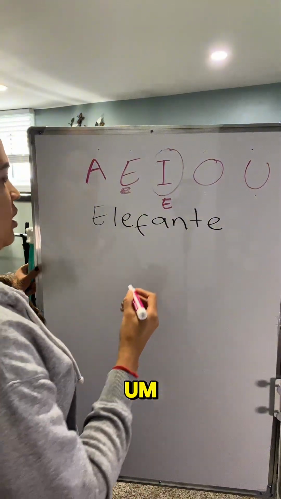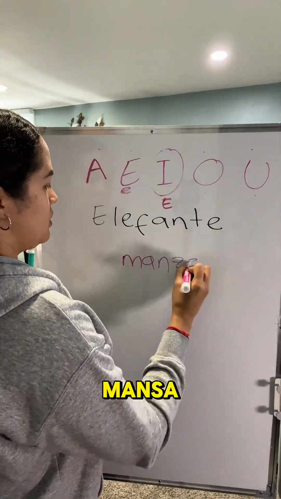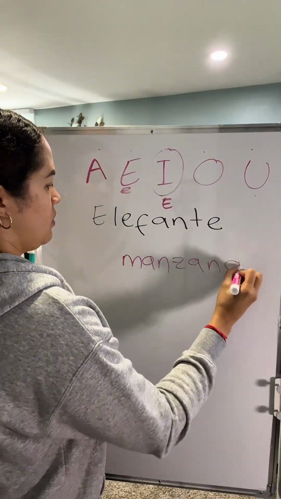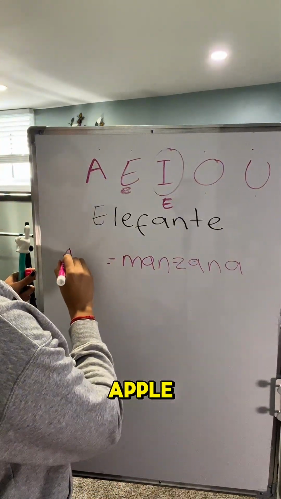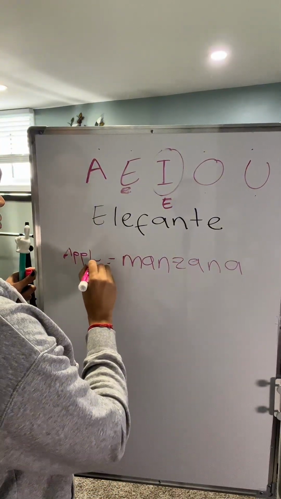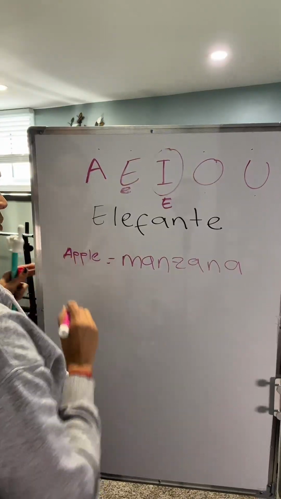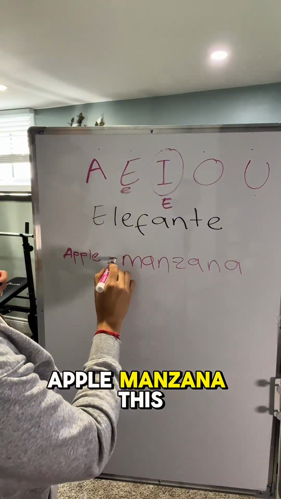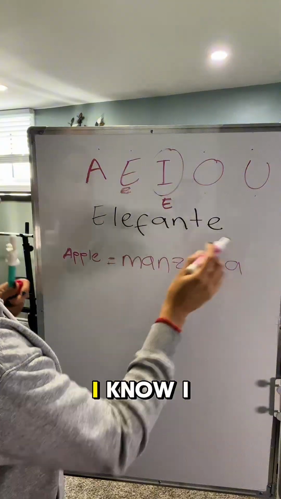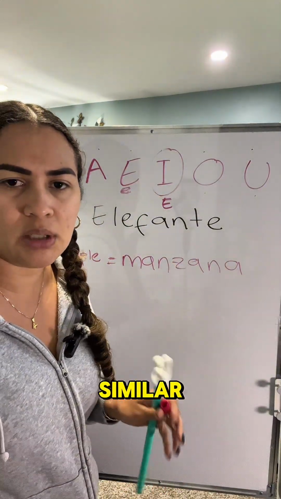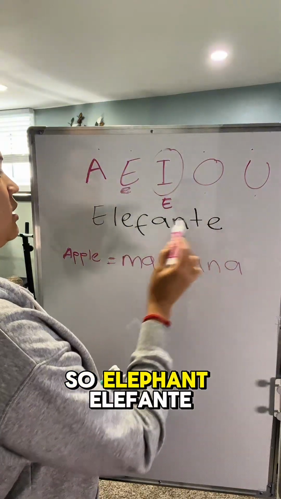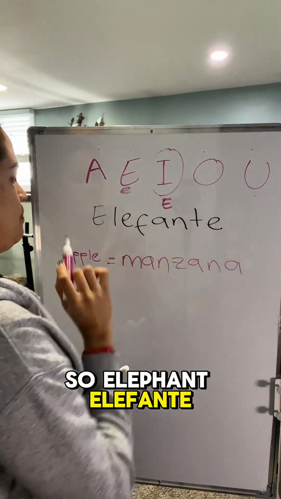Another example. Manzana, which is apple. Apple, manzana. This is elephant. I don't need to translate that because it's pretty similar. So elephant, elefante.